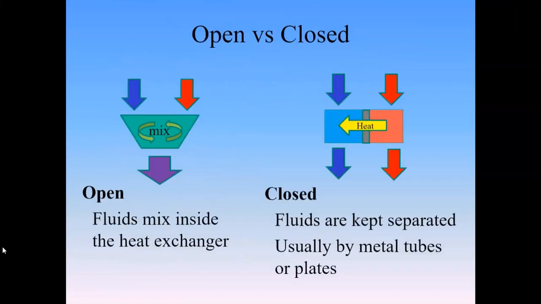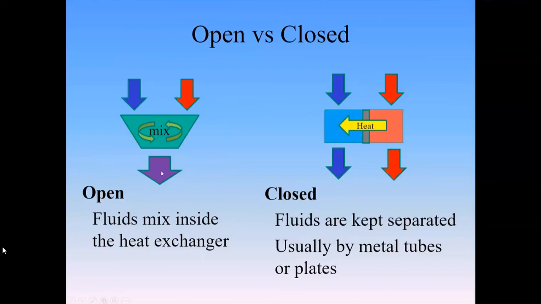Okay, so here's the difference between an open and a closed heat exchanger. In an open heat exchanger, we might have two flows that come in, a hot and a cold, and inside of the heat exchanger, they mix together and combine and create one flow that is a combination of the cold and the hot.